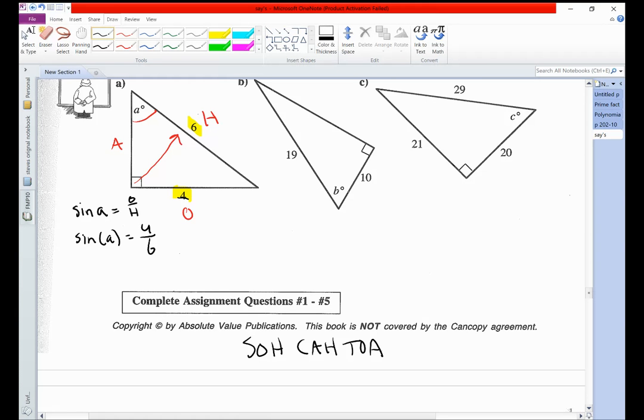I'm looking for the angle, so I have to use your inverse sine. So now what you're going to do is say A is equal to the inverse sine of 4 divided by 6. And then hit enter. And when you do that, you get A is equal to 42 degrees.